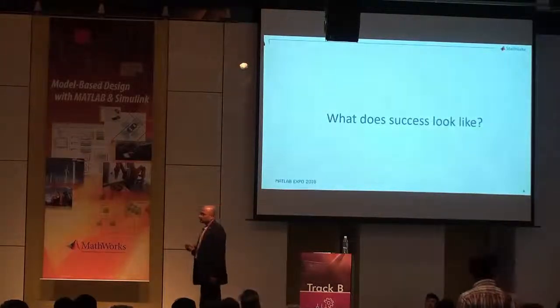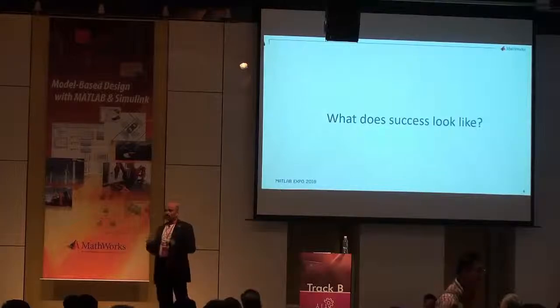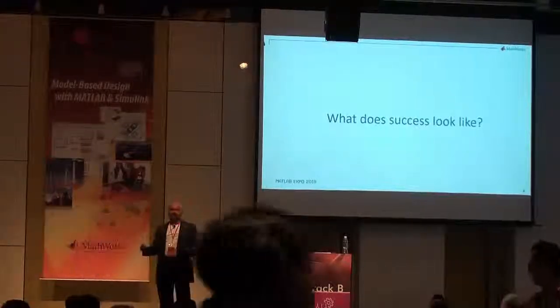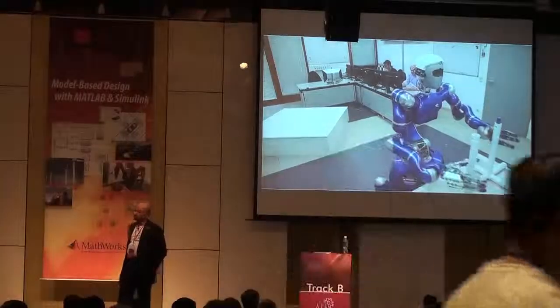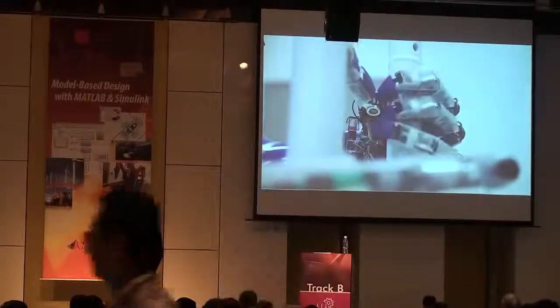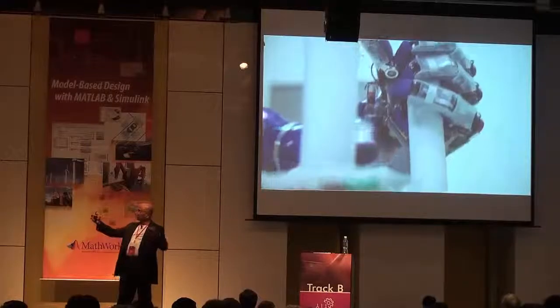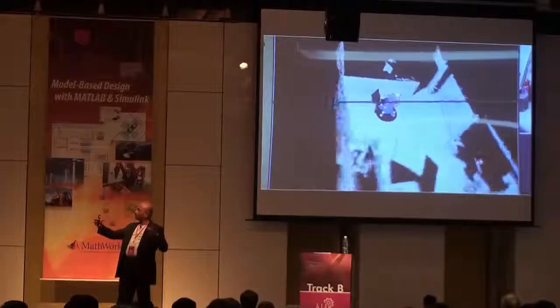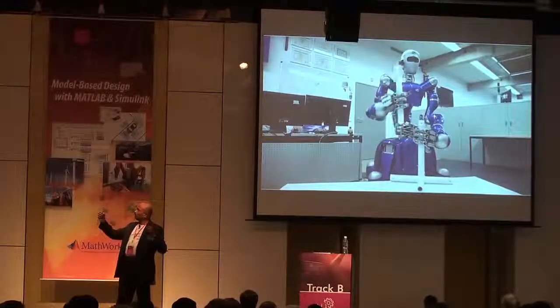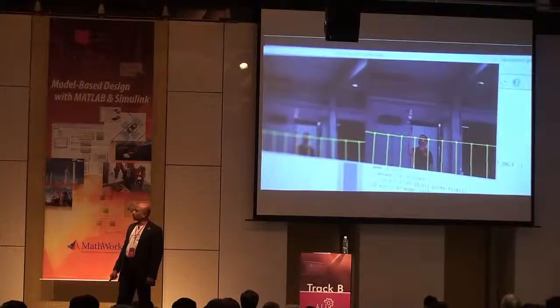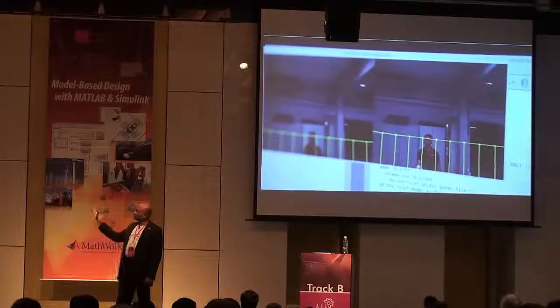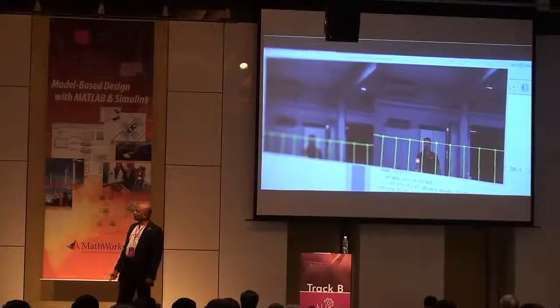So what does success look like when you completely develop this system? What would it look like if you're successful? So here's the example from DLR. This is just one. As you can see, it's almost like a human being. You can lift, and then you can see it do some sophisticated assembly tasks. In this case, it can do some image recognition, video recognition.